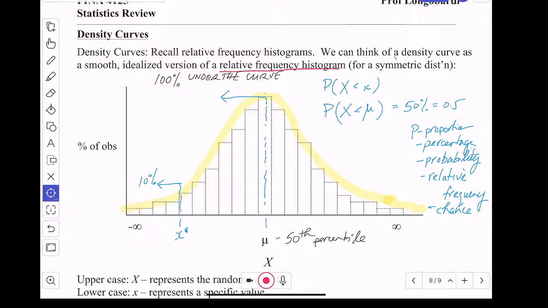We can express that as P of X less than X star. I don't have to put a number, but I will in a moment, because people don't like X star, I'm sure. So the chance that an observation is smaller than X star is 10%.